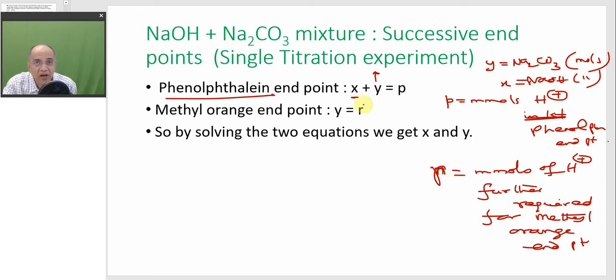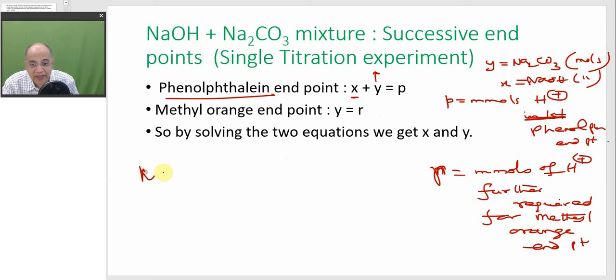So what is R? R is equal to Y, because I told you that the number of moles of HCl required in the first step will be the same, because Y moles of sodium bicarbonate is produced. So Y mole will require Y mole. So in this step, the number of moles that you get from the titer value will be equal to again Y. Got it?